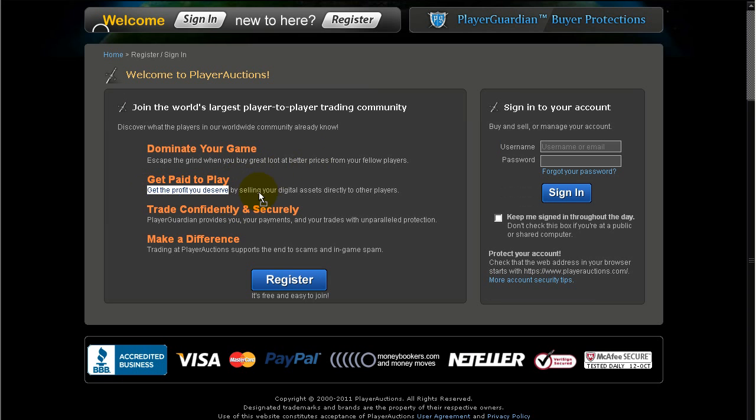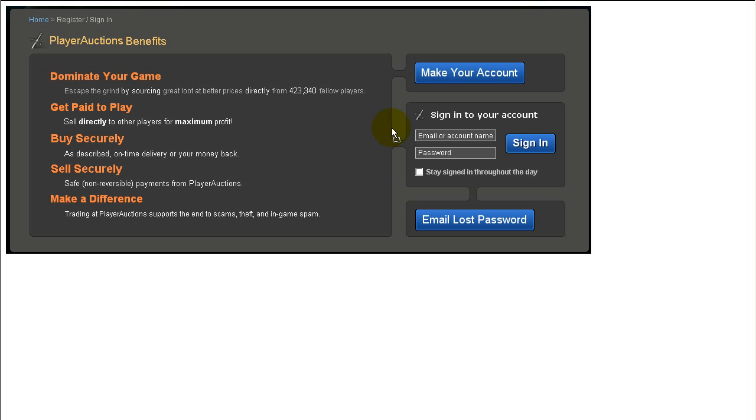It's not a business. And the original value proposition says, get the profit you deserve by selling directly to other players or other users. That has been rewritten to sell directly to other players for maximum profit.